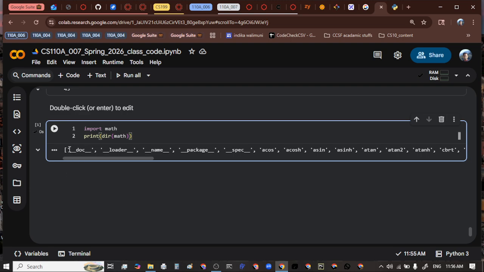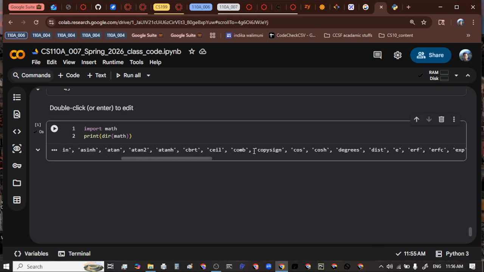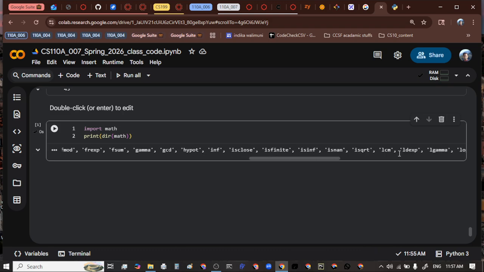You can see internal names starting with a double underscore. Remember we talked about them? We don't use that kind of naming regularly in Python for regular variable names. Moving on, you can see cos, sin, those kinds of math functions, and even constants like e, the natural logarithm base, and pi, the value 3.14.